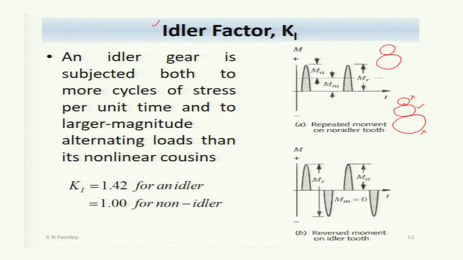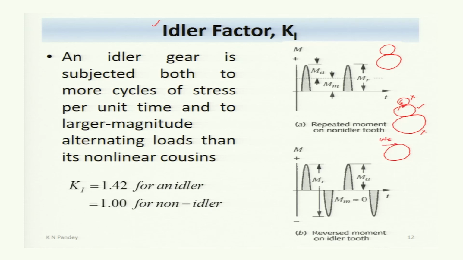Because let the pinion be the driver, then a transmitted load will act at this location. So when you draw the free body diagram of the idler, this is rotating in an anti-clockwise direction. So this will rotate in clockwise direction, and so the transmitted load, this is the driven gear, so the transmitted load will act in the direction of rotation of the driven gear, and so Wt will act in this way.